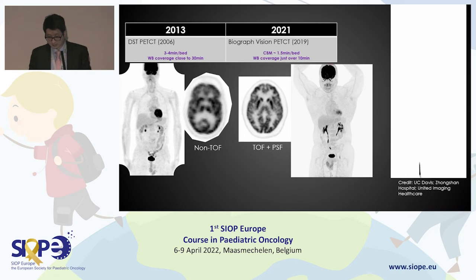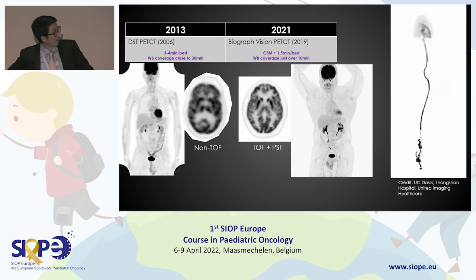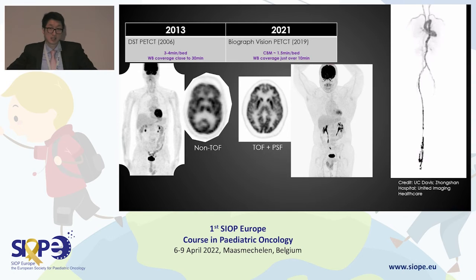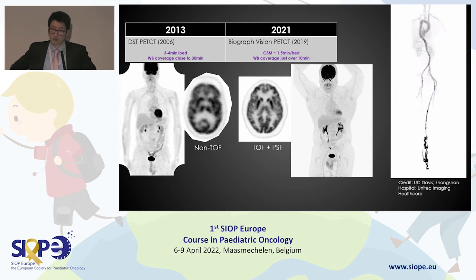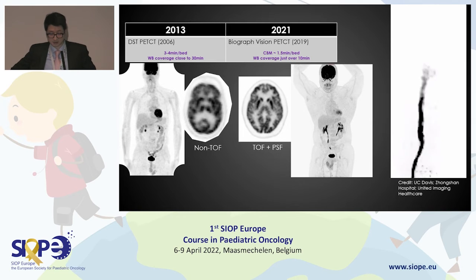Now this is not commercially available yet. This is a total body PET scanner, which was manufactured in collaboration between an American center and a Chinese manufacturer. Basically, what this is showing is you inject FDG. The scanner is sensitive enough to track the FDG as it goes through the cardiovascular system and into the lungs.